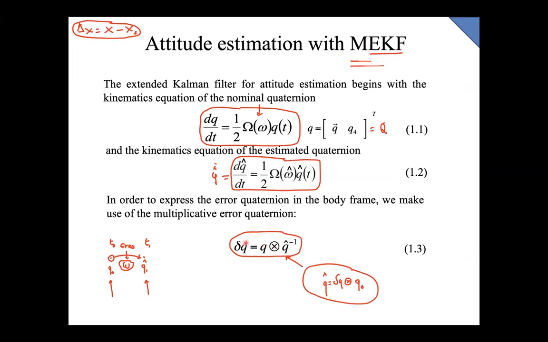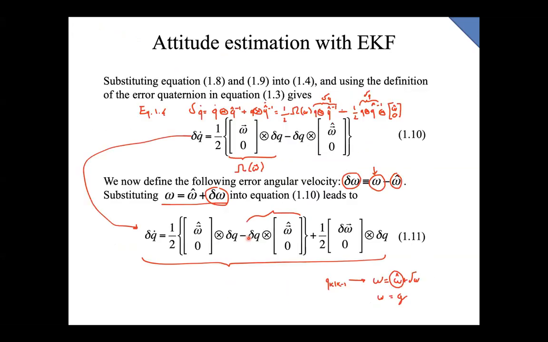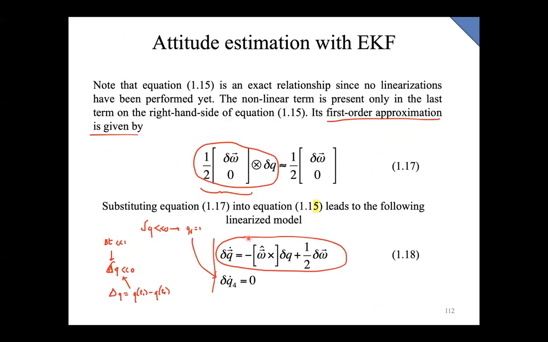So delta Q here is the value that we want to know, and it is related to the uncertainty of our measurement. The first batch of slides, up to this demonstration here, is important to determine these differential equations for the propagation of the errors.